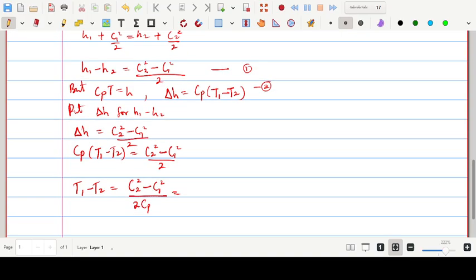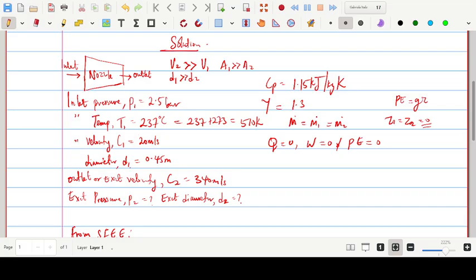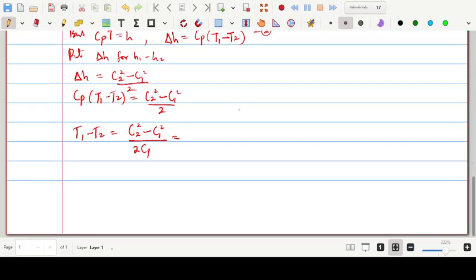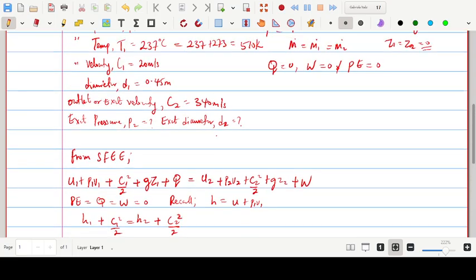It has been given in the question: our C2 is 340, our C1 is this, then our T1 is 510. Okay, we are good to go. So in this case, this one is 340 squared minus 20 squared divided by 2 times our Cp.